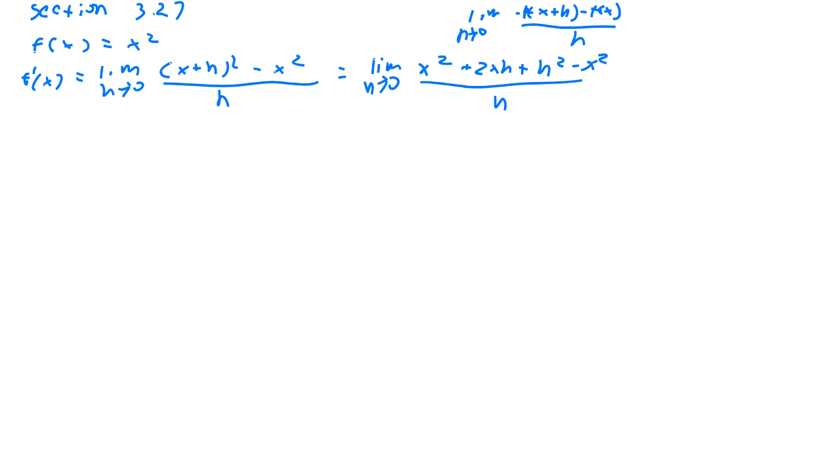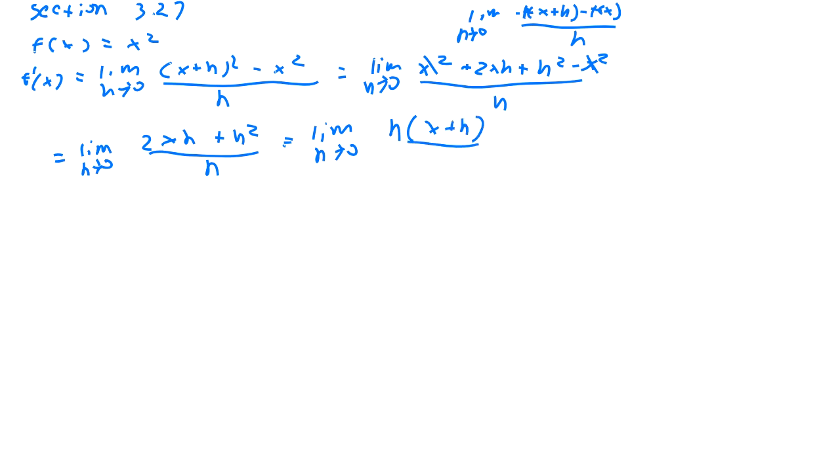So notice that we have a positive x squared and a negative x squared, so those can cancel. And that leaves us with 2xh plus h squared all over h. One last step here: factor out an h, we get h times 2x plus h over h.